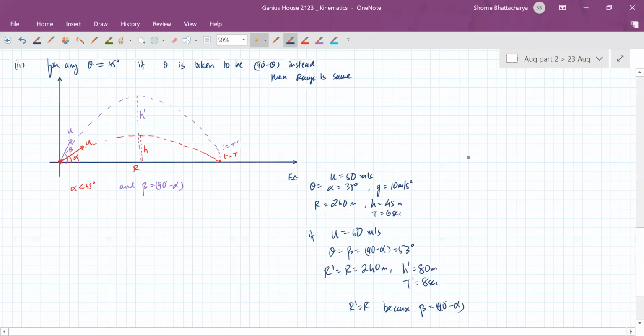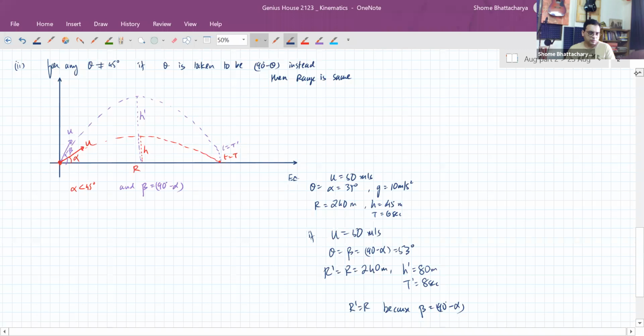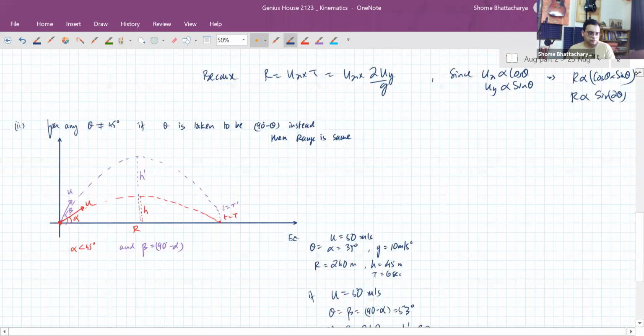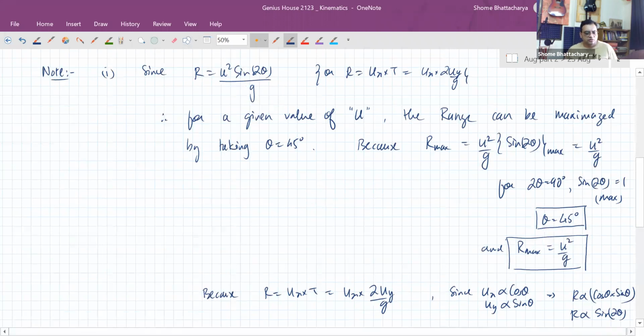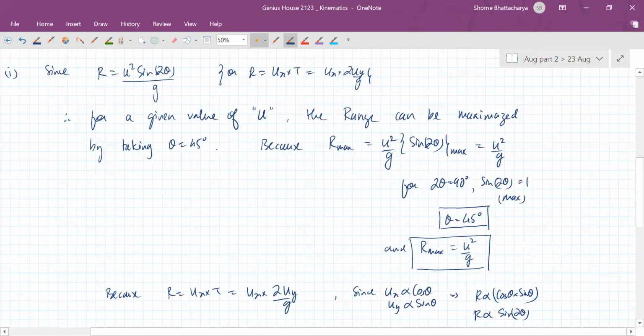So could you please scroll up to the part above this? Above this was the maximum range theorem. Hope the concept is clear for it.